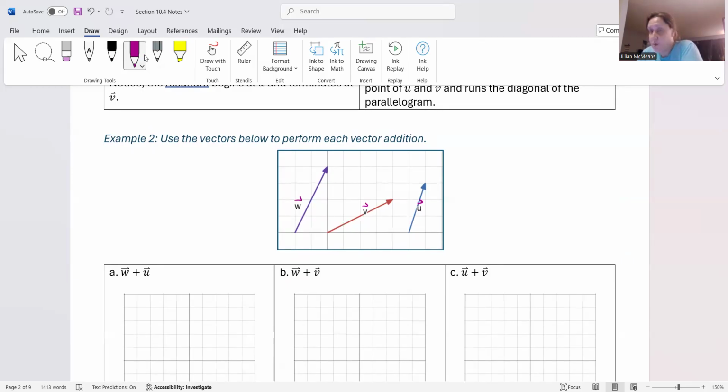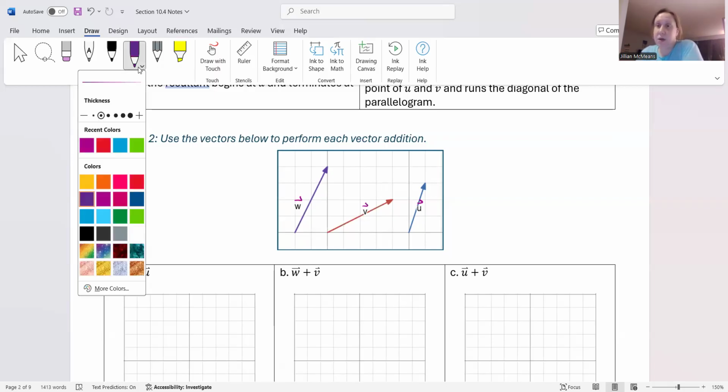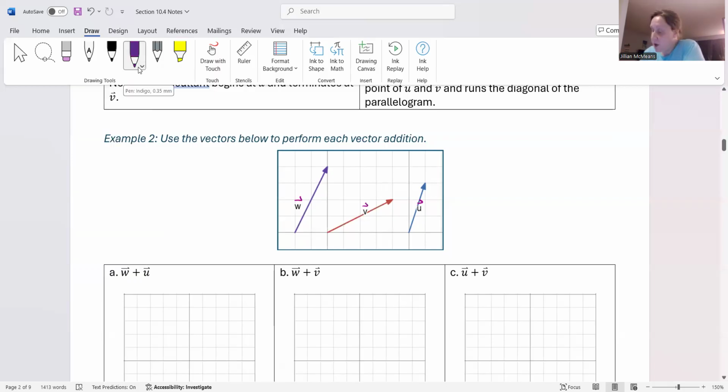So the first thing I do before I start adding my vectors is make note of the direction. What is my horizontal direction? What is my vertical direction for each of these vectors, okay? So I'm going to try to stick with the colors just to be consistent. We're going to use purple for w. So this is my initial point. This is my terminal point. How do I get from my initial point to my terminal point?